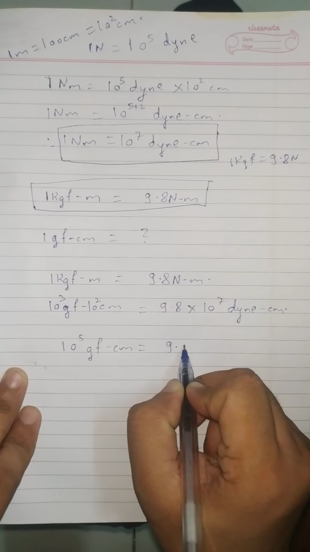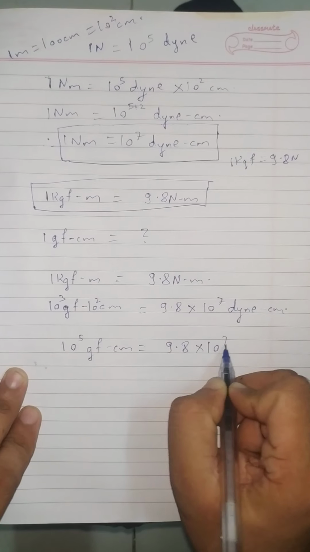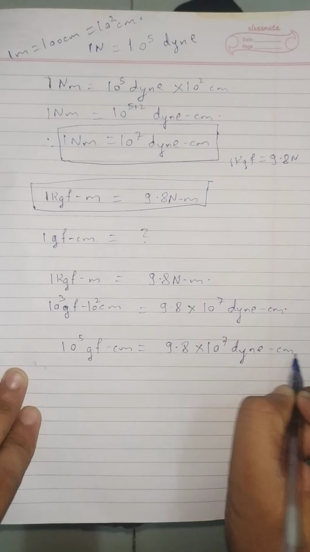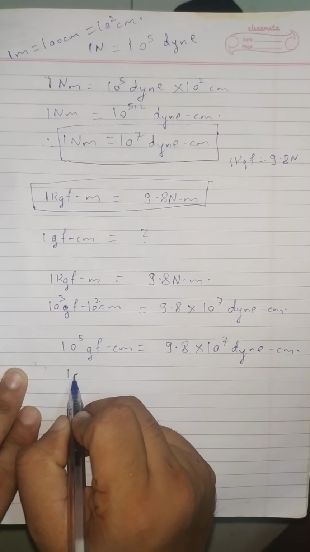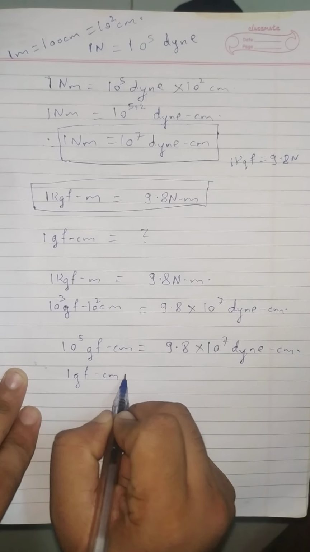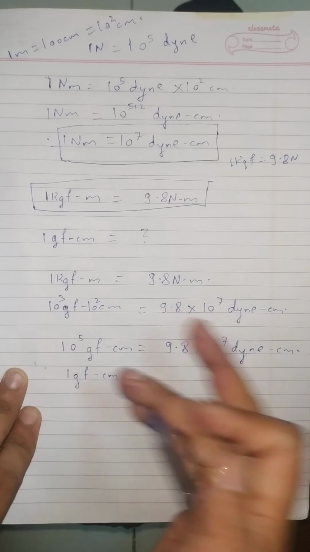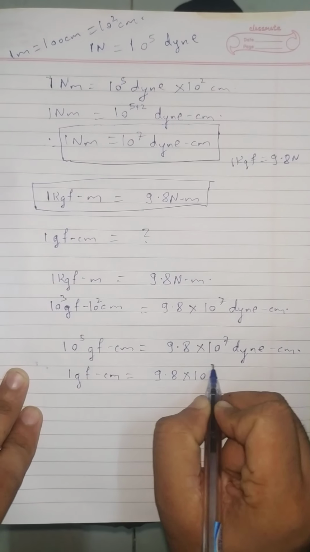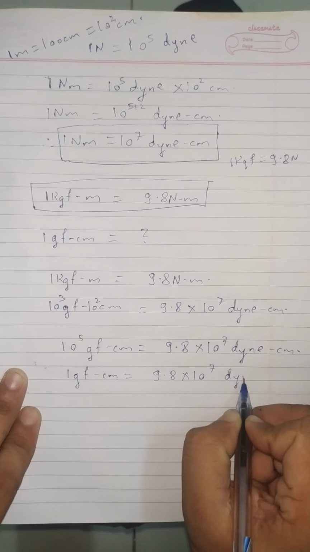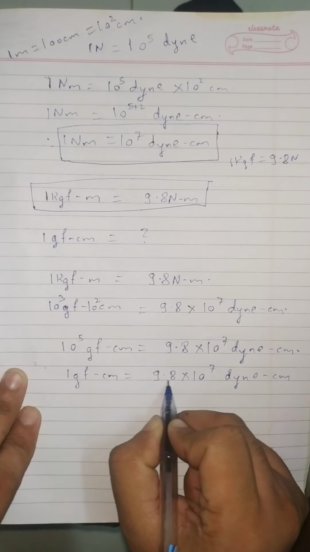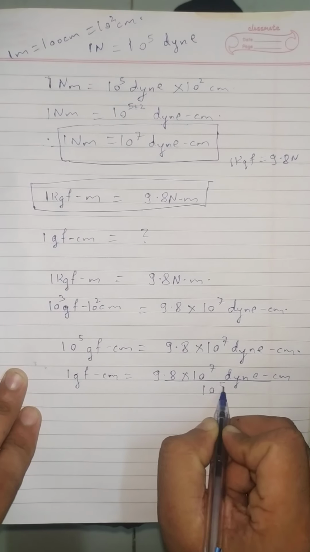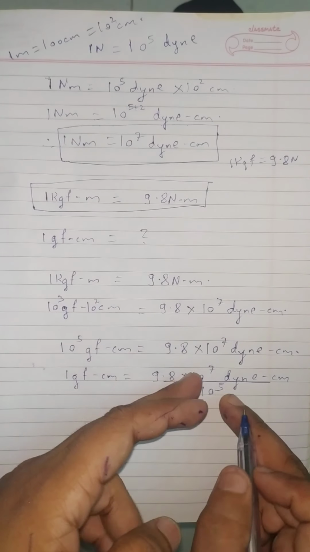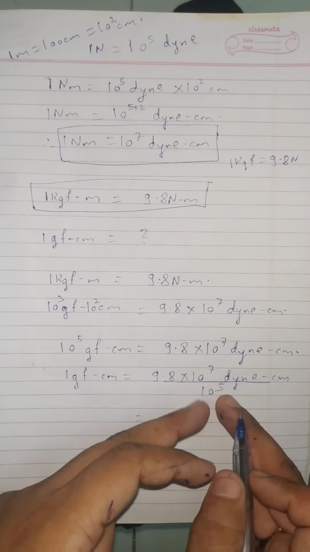and here it's 9.8 into 10 raised to 7 dyne centimeter. Okay, so for 1 gram force centimeter, if I take this 10 raised to 5 over here, then it will become 9.8 into 10 raised to 7 dyne centimeter divided by 10 raised to 5. Okay, so when this 5 goes to the numerator, it gets subtracted from 7.